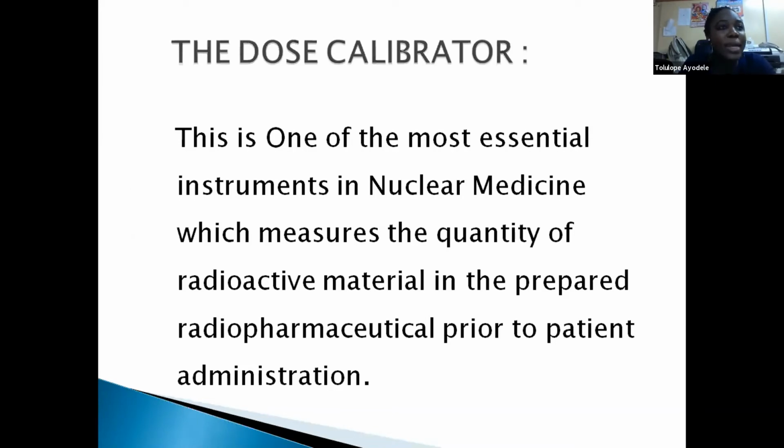Depending on the radioactive substance you want to measure, you could measure iodine-131, or technetium-99m. Any radioactive substance could be measured with the dose calibrator.